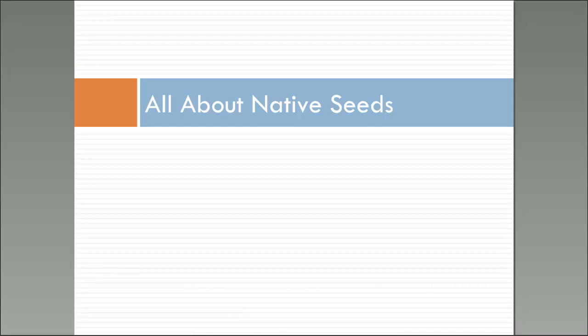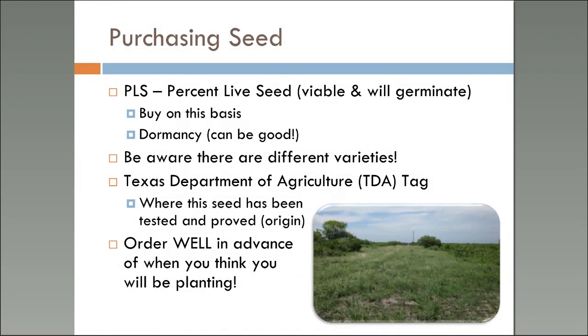Okay, so now let's talk a little bit about native seeds. The first thing I want to cover is purchasing native seeds. So when you decide, okay, I'm going to get this list of maybe 12 different grasses and forbs, you're going to go to the commercial dealer, and they're going to sell seed based on PLS, or percent live seed.